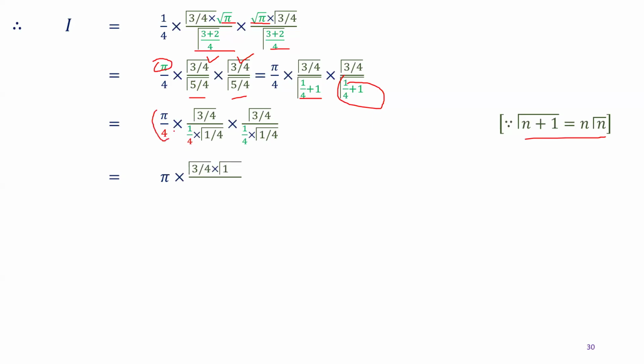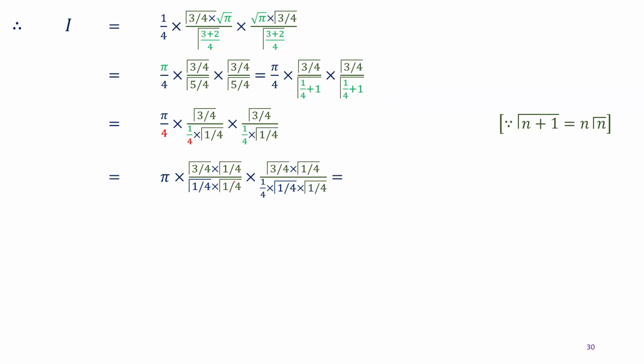Then it is pi by 4, this 4 and 4 will cancel. Gamma 3 by 4 into gamma 1 by 4 divided by gamma 1 by 4 into gamma 1 by 4. So one gamma 1 by 4 will cancel.